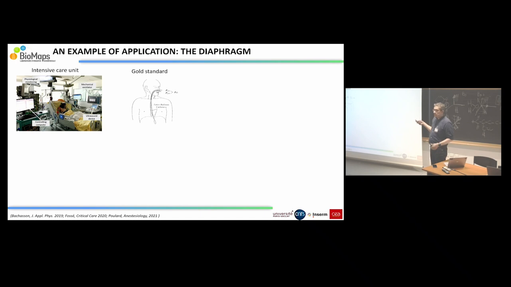Another example of application of elastography when you want to follow in real time a change of stiffness is an application on the diaphragm. When the diaphragm contracts, it will generate a change of pressure that allows you to breathe.